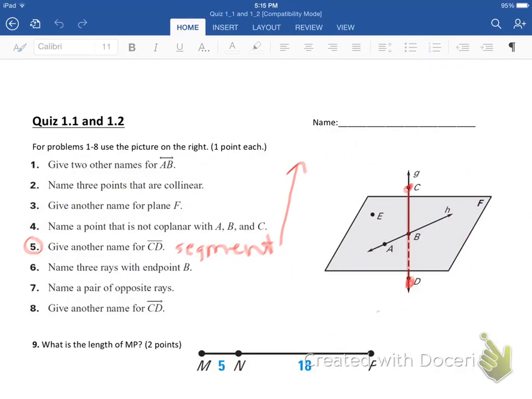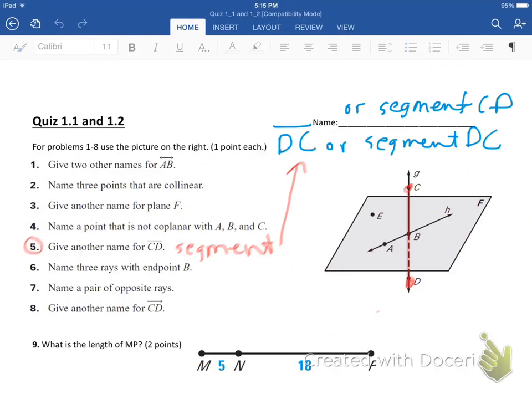So some of the answers could be DC or segment DC. Now I'm letting this one go. This is really kind of the same. This one I don't like as much, but I like this one and this one right here. Those are the best ones. Either one of those would be fine.